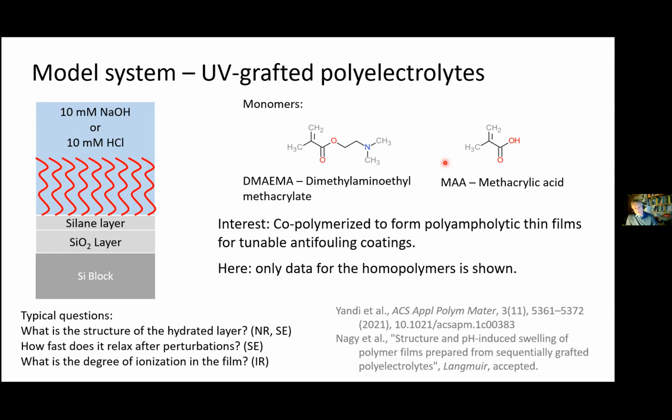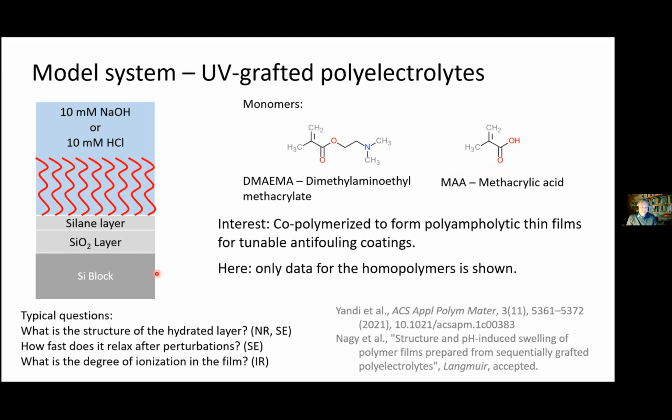This is a polyampholytic copolymer, or pseudo-zwitterionic copolymer, from cationic and anionic monomers. The data I will show will not be from the copolymerized system, but just the homopolymers.